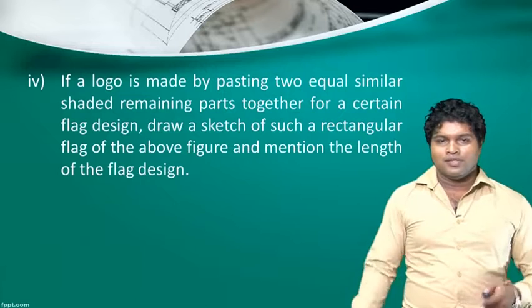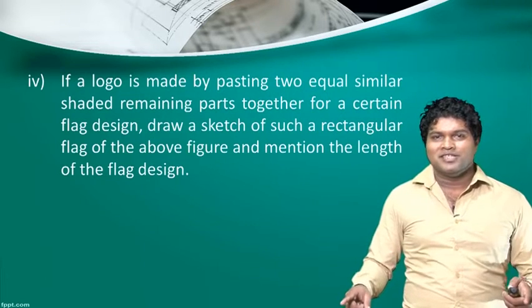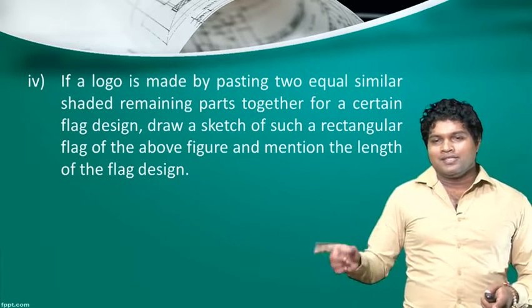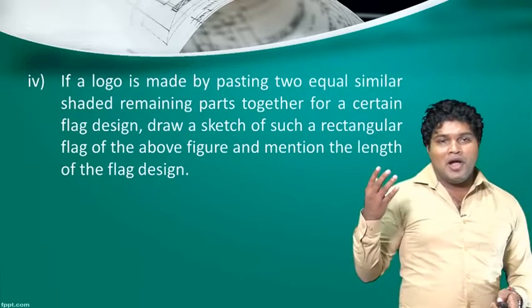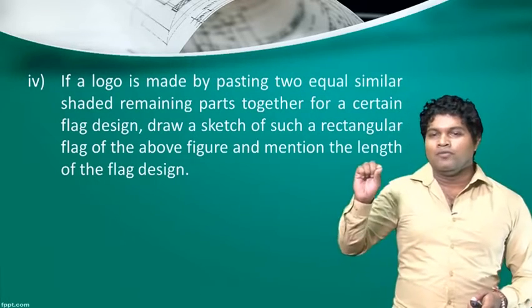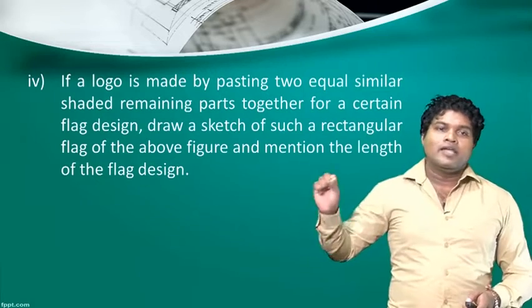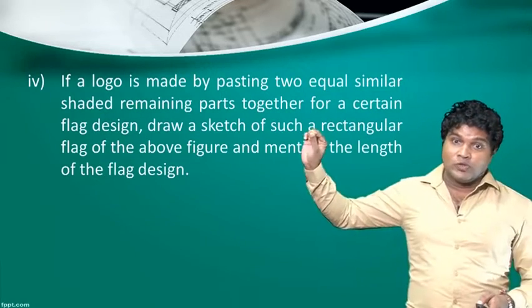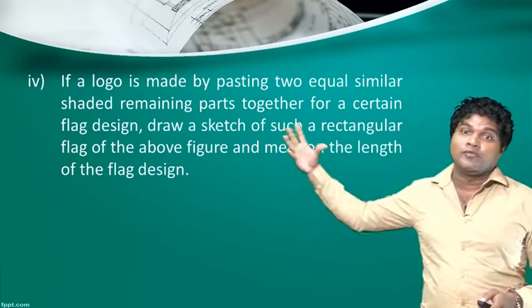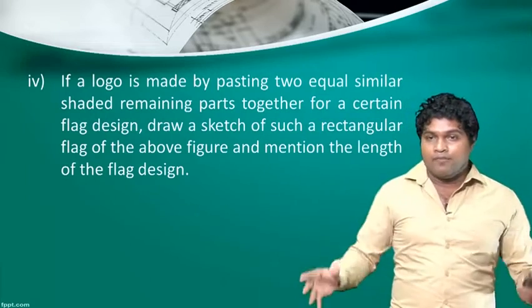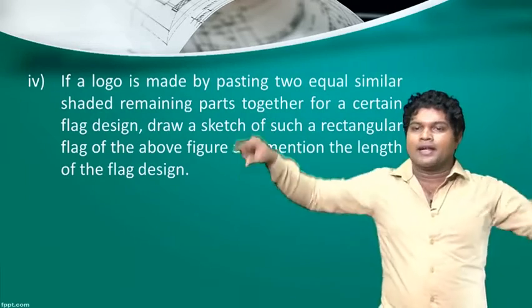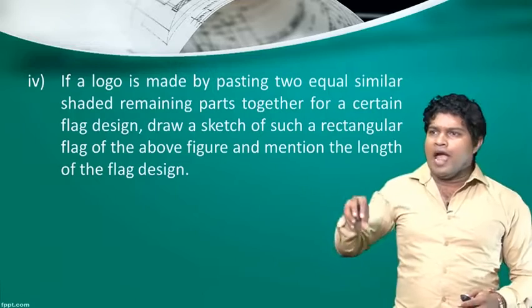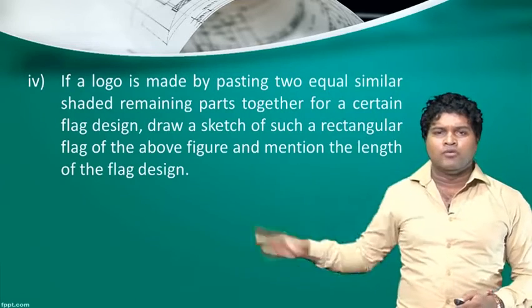You have to read carefully one by one with the sentences. The flag is a rectangle especially, but we have a square shape with something removed from that.